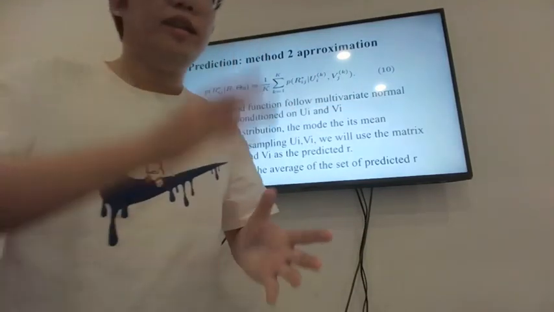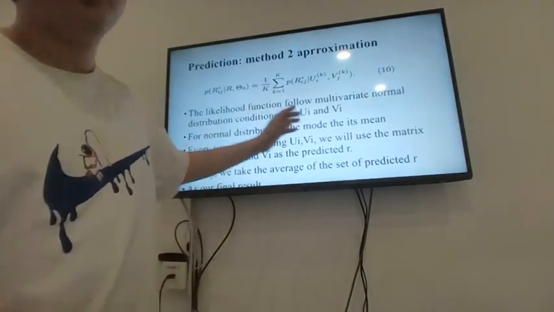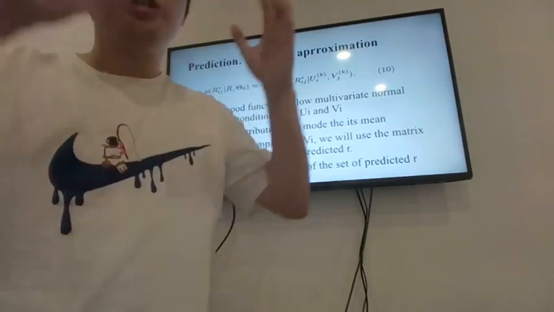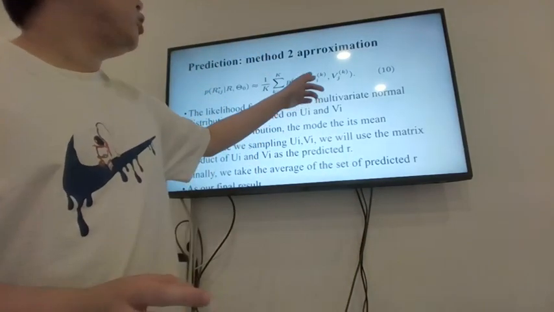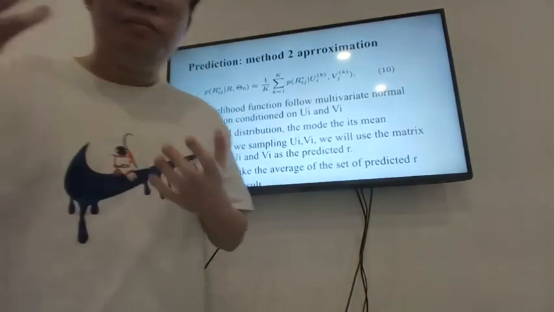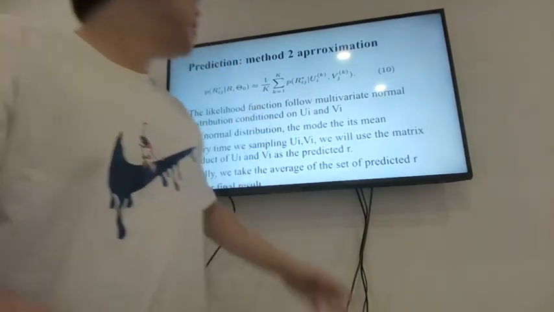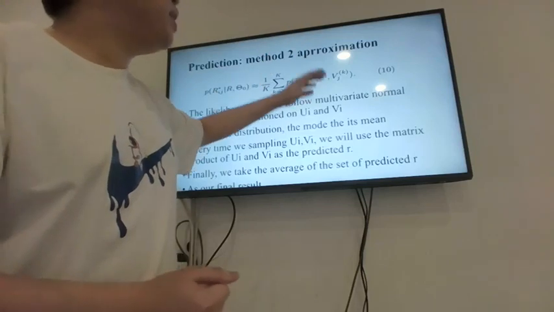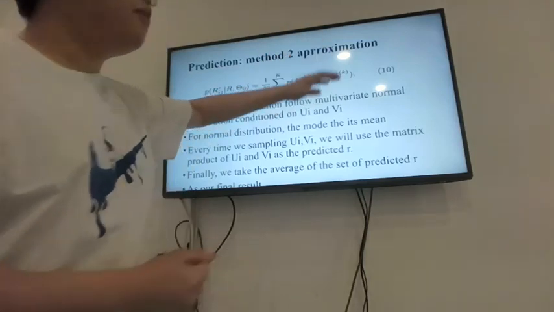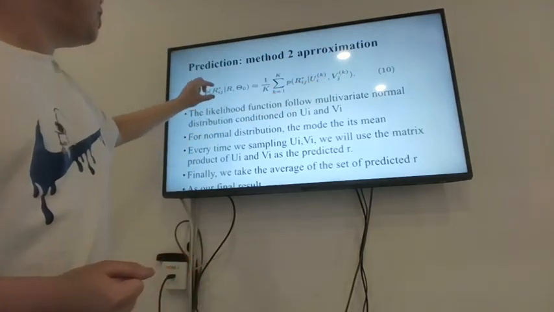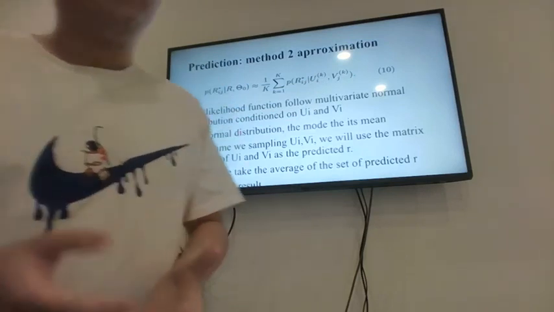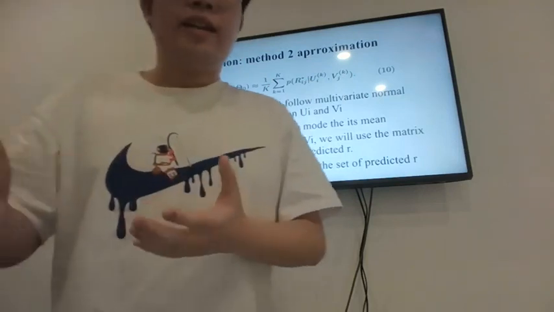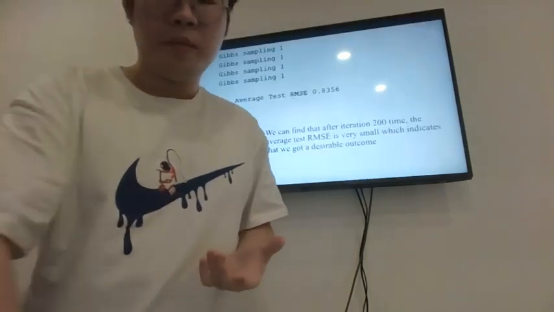And we assume that the likelihood function follows a normal distribution whose mean is the product of Ui and Vi. So we simply use the product of Ui and Vi as our prediction. We sample many Ui and Vi, make many predictions, and take the average. Then we get the final R. R is the average of our samples, which has proven to give a very good outcome.